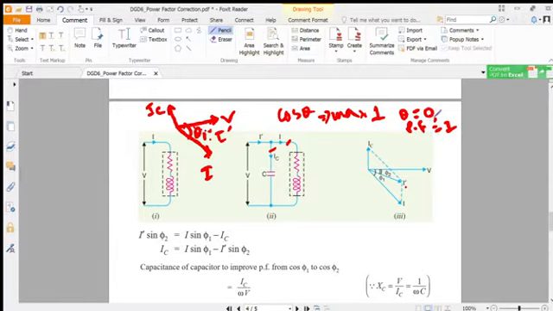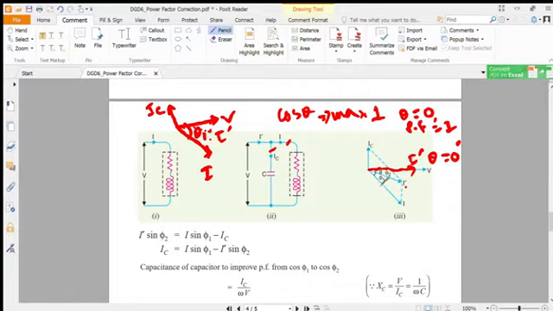Theta equals 0 means voltage and current remain in the same line. When I prime is here, then theta equals 0. So there is no way for I prime to go above the voltage line.